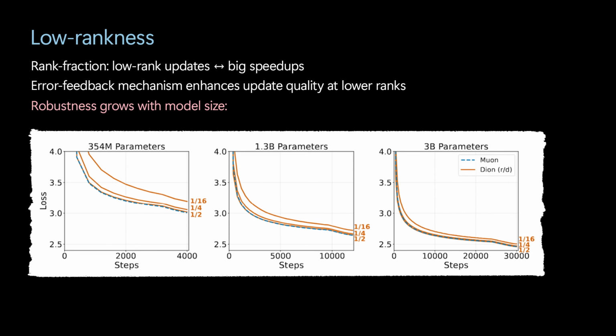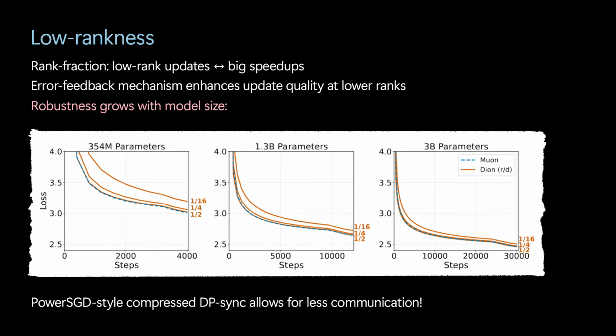And as we increase the model size, we saw that the gap between higher ranked Dion and low ranked Dion becomes narrower and narrower, showing that at larger scale, you can get away with smaller rank fraction. Also, we add a PowerSGD style compressed data parallel sync mechanism, which allows for even less communication, which could be very beneficial in hybrid sharding strategy.